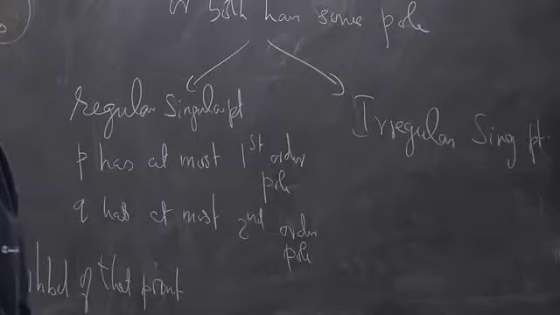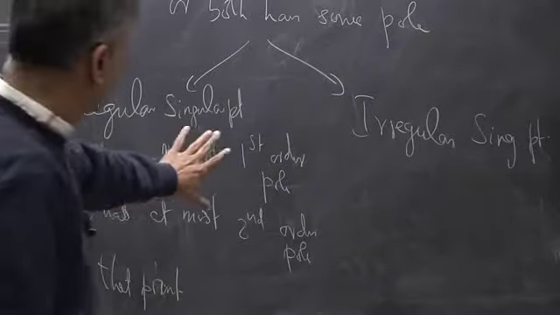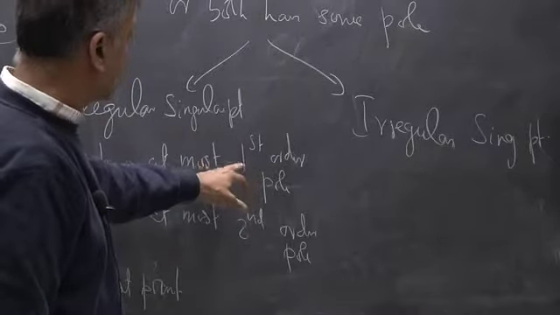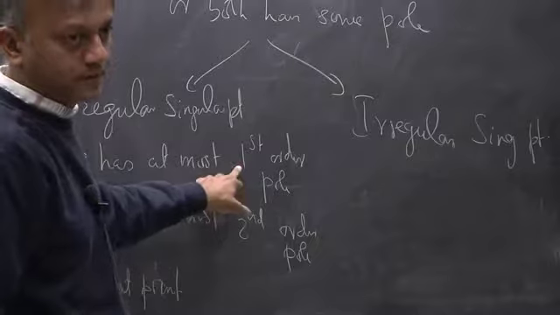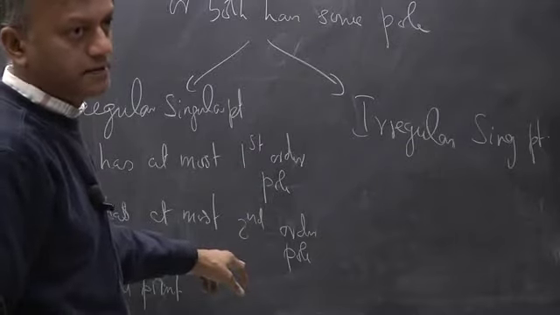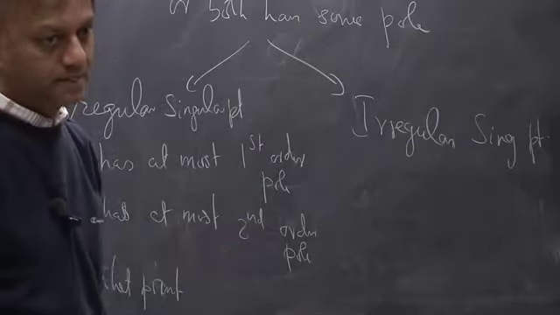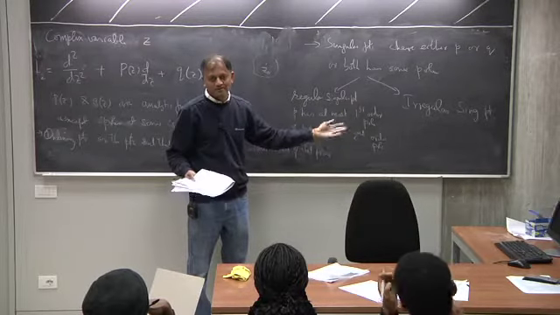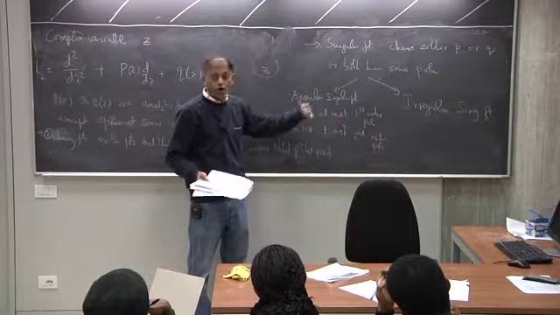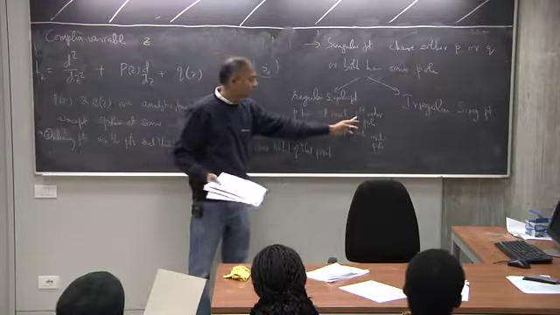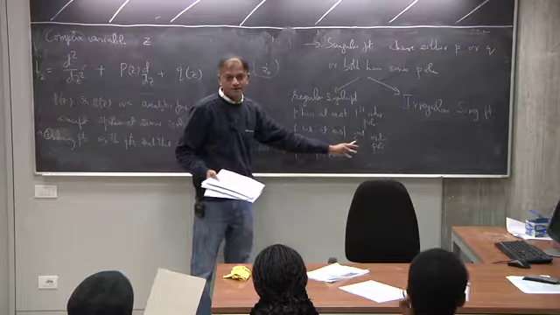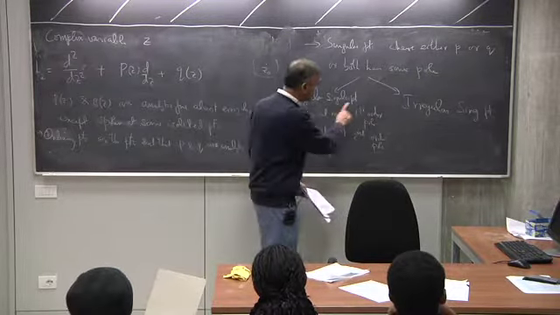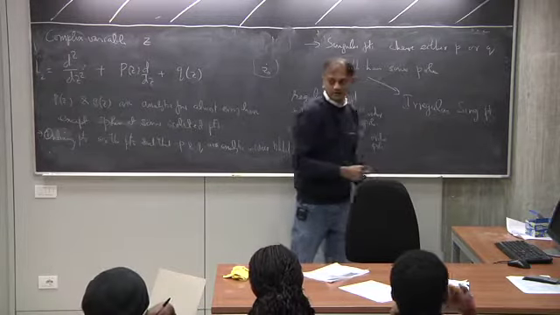This is the worst case. Any point which satisfies this condition, that P has at most a first order pole and Q has at most a second order pole, you call a regular singular point. The fact that it's a singular point says that at least one of them must have a pole, P or Q. But what it is saying is that the order of the pole cannot be greater than 1 for P and cannot be greater than 2 for Q. Otherwise, if this is not satisfied, then you say it's an irregular singular point.